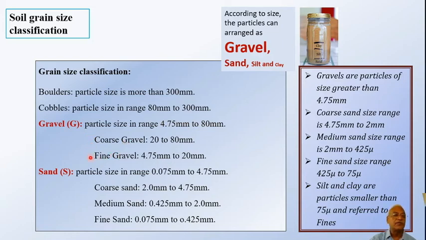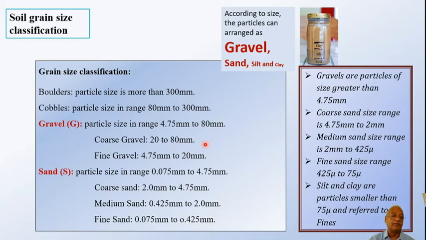From 4.75 up to 20 mm, half a centimeter to 2 centimeter, that part is referred to as fine gravel. And from 20 mm up to 80 mm, those particles are referred to as coarse gravel.